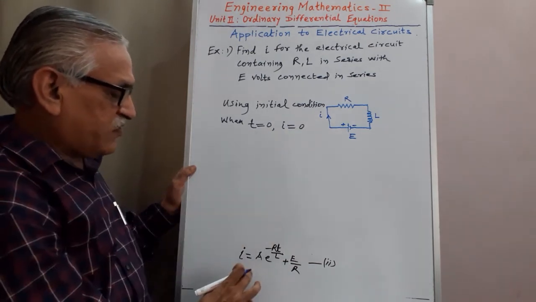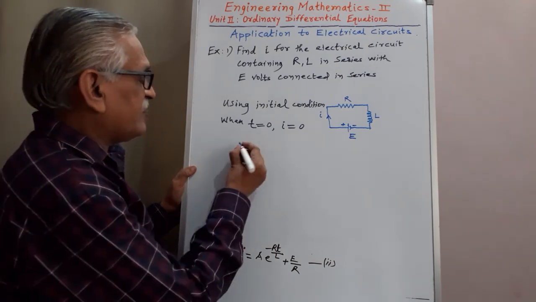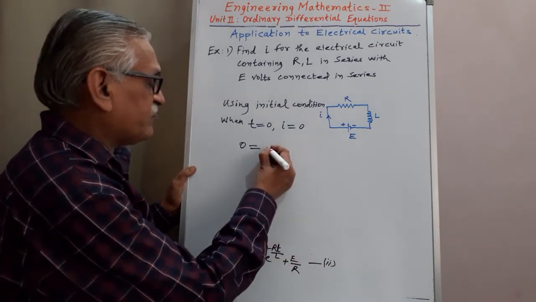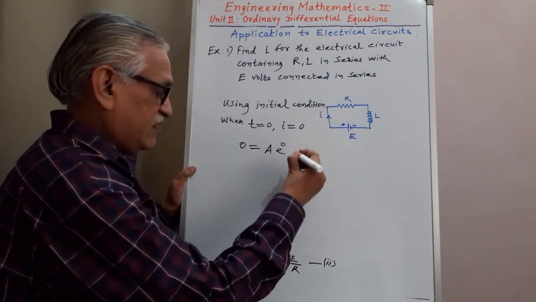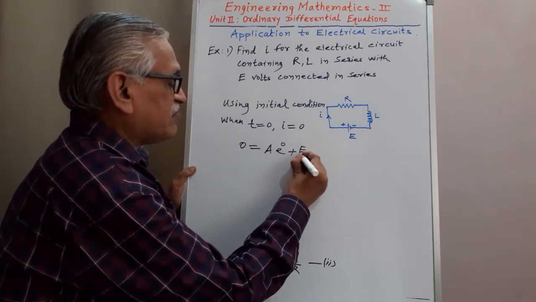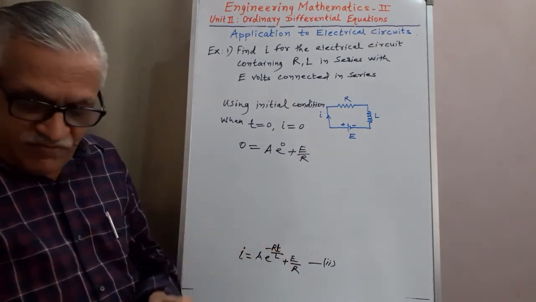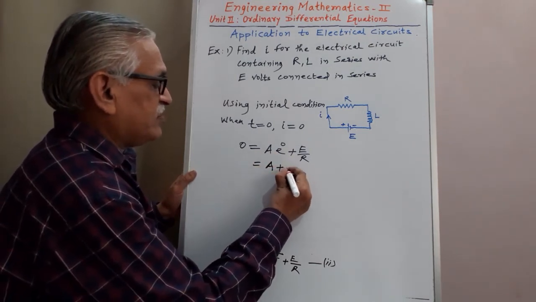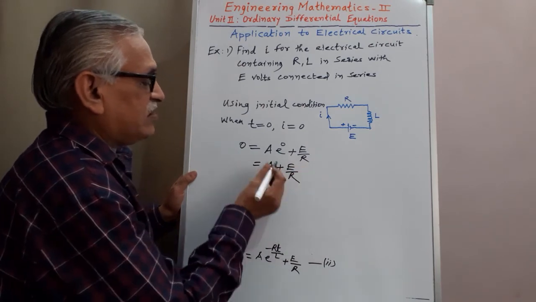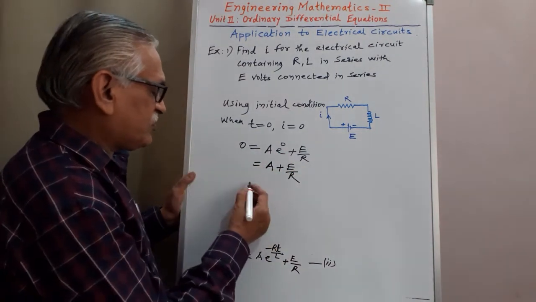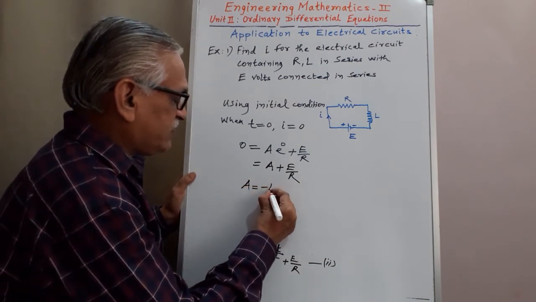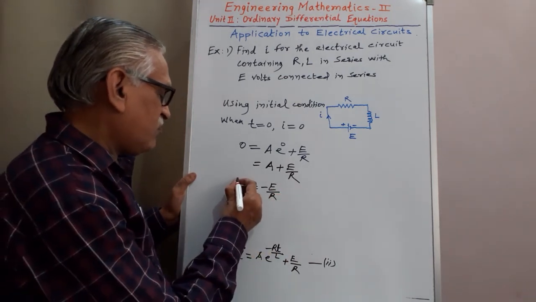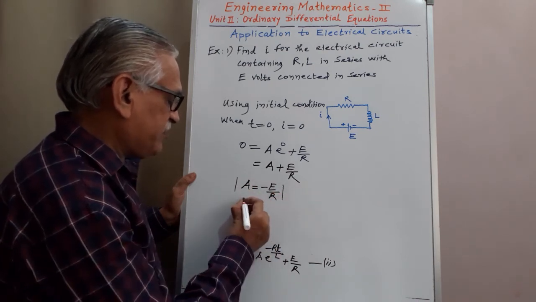Using this condition in equation 2, the left hand side I is 0 when T is 0, therefore 0 equals A e raised to 0 plus E by R. Since e raised to 0 is 1, transferring this to the other side, we get A is equal to minus E by R. That is the value of the arbitrary constant A.